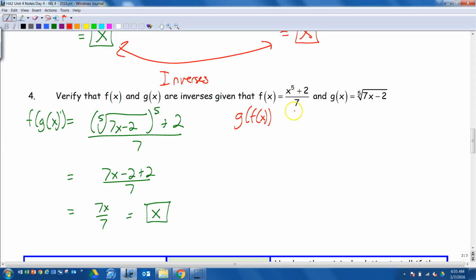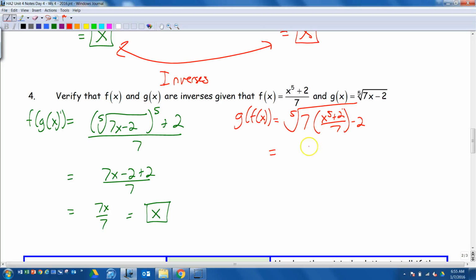G of f of x. We have the 5th root of 7 times this whole thing, okay? So, first thing you can do is simplify the inside because we can't take the 5th root yet. There's a minus sign. Remember, you can't take roots with plus or minuses in here.